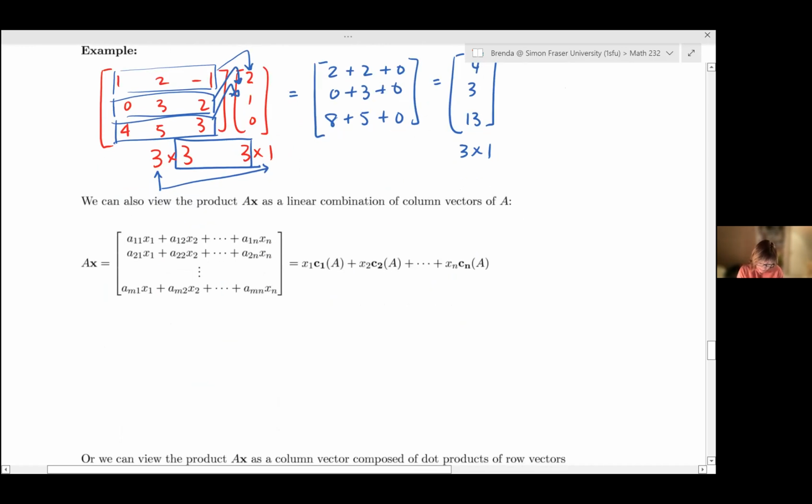So we can view AX as the linear combination of the column vectors of A as per the coefficients that we see in X. Let's just write that out using an example, a 3 by 3 example.